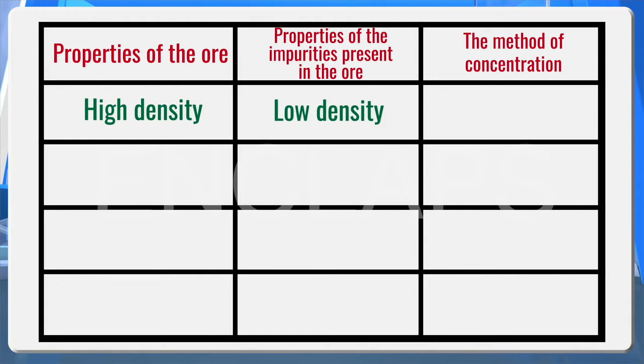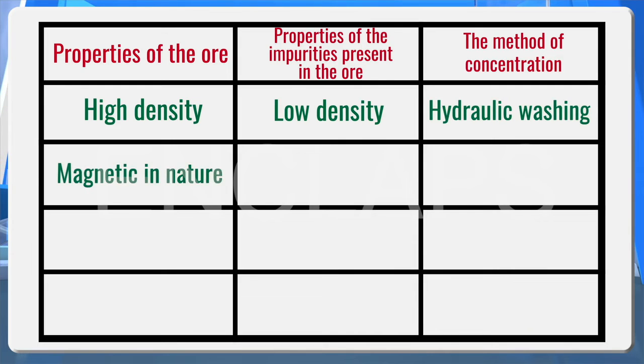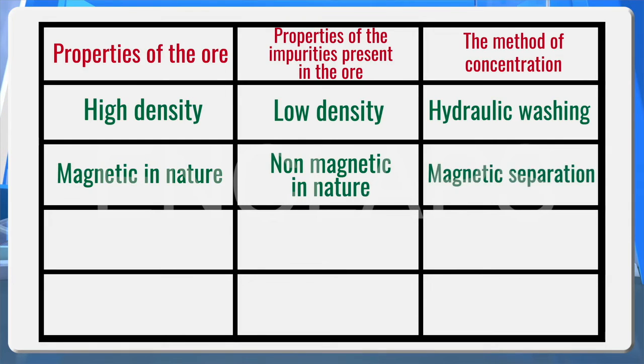So, in this type of condition, the method used is hydraulic washing. In the second example, it is given that the ores are magnetic in nature and the impurities are non-magnetic in nature. So, in these situations where either the ore or the impurity is magnetic, the method adopted is magnetic separation.